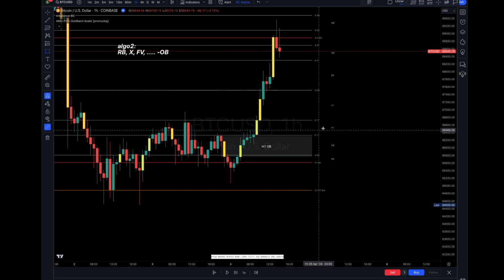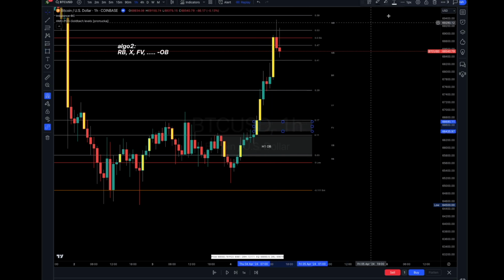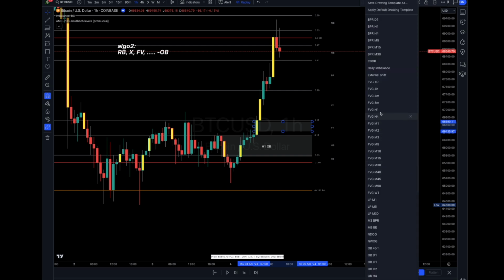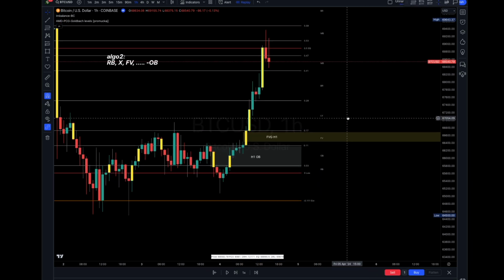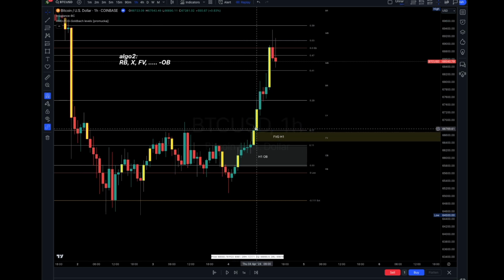Okay. Now, what do we have here? We expect a fair value gap to happen in the fair value partition. There is your 1 hour fair value gap. Then we have a liquidity void. A liquidity void is similar to a fair value gap in that prices are only being offered one way.